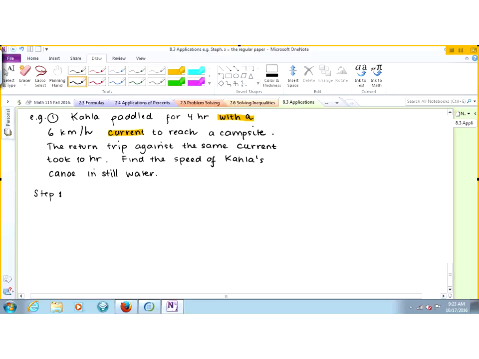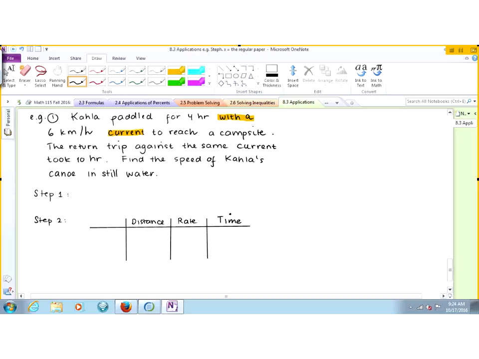All right. So anyway, we're going to skip step 1 where we write down the variables, and we will start with step 2. We will write down the distance, rate, and time.